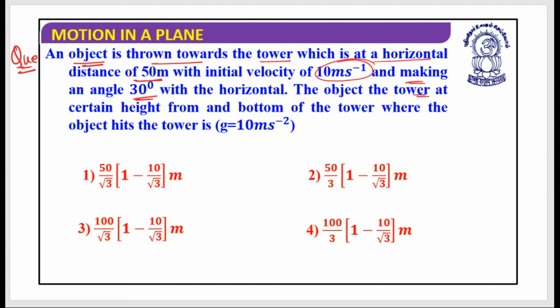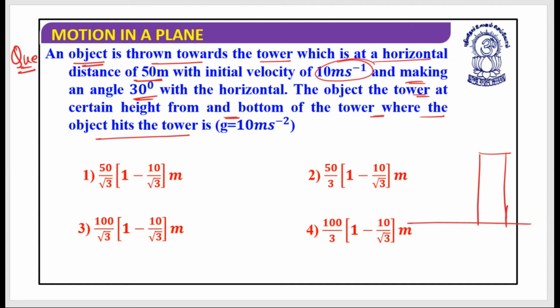The object hits the tower at a certain height, and you want to find out where from the bottom of the tower it is going to hit. The situation is similar to this.